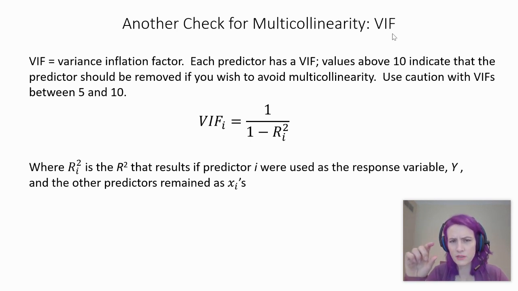So each predictor has a VIF. This is the formula. The VIF for one predictor, go one at a time: weight, acceleration to 60, quarter mile.